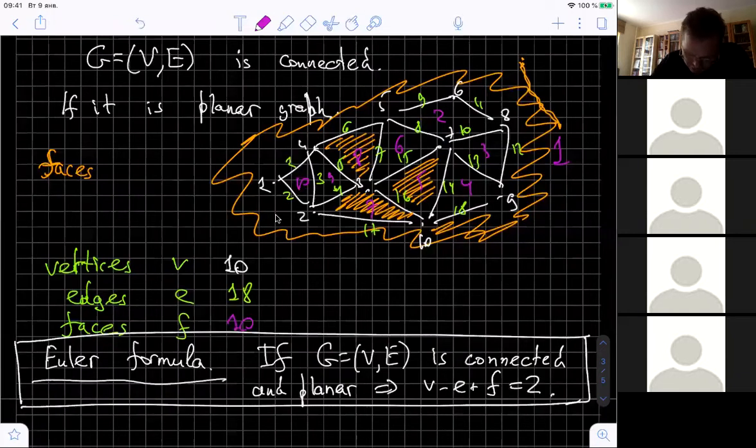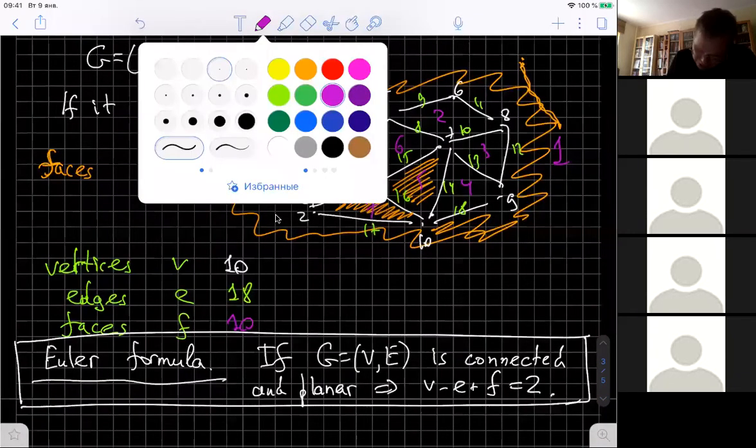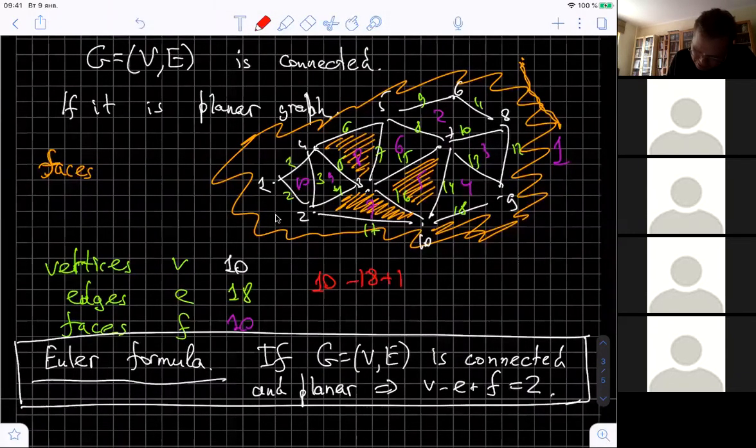So if I calculate it, 10 minus 18 plus 10 is equal to 2. For example, for this graph, it is correct. So maybe I have a hope that it will be correct for any planar connected graph.